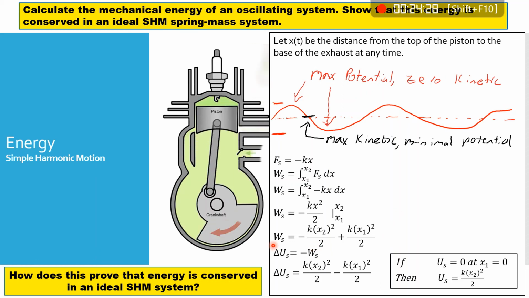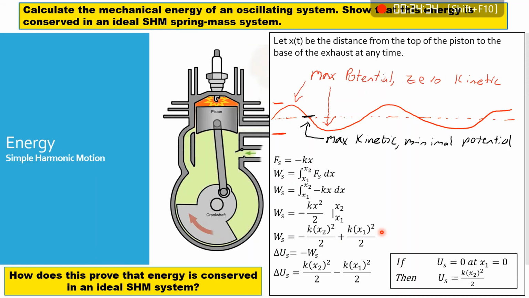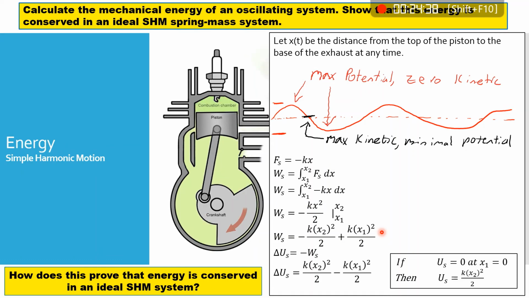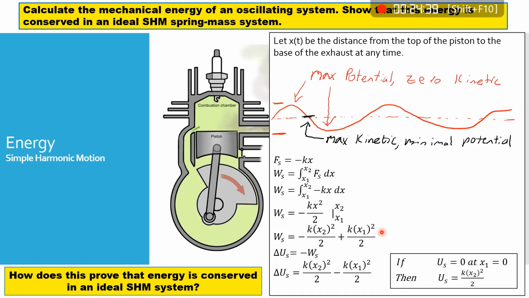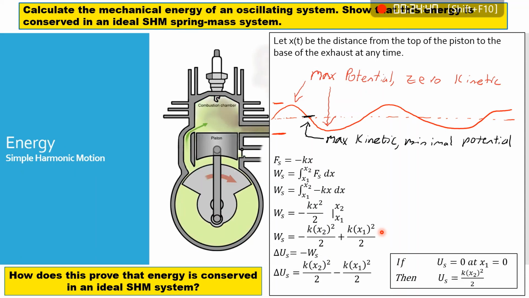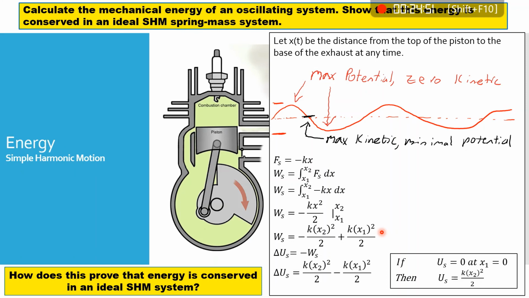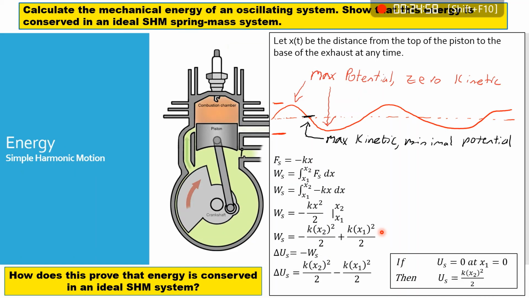Cool. Now, by definition, my change in potential energy is my negative work, right? I will lose the work that you need to do in order to create some potential energy. If you're going to push a spring off of your equilibrium point, you would lose the energy that you need in order to push that spring that far, right?